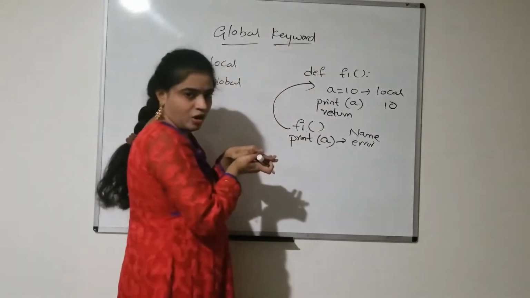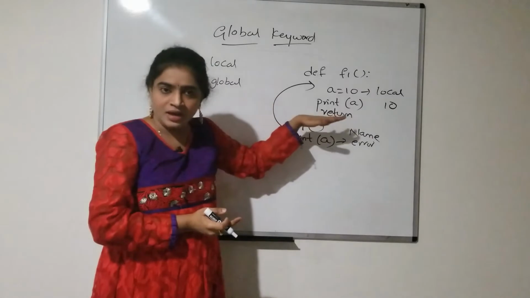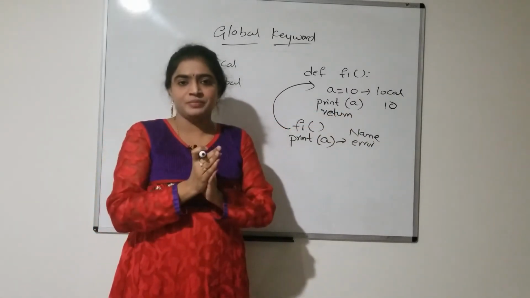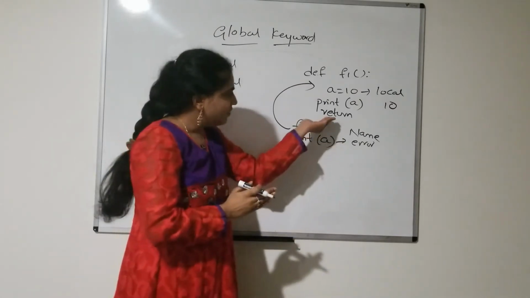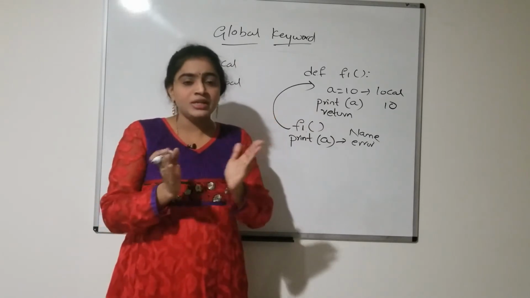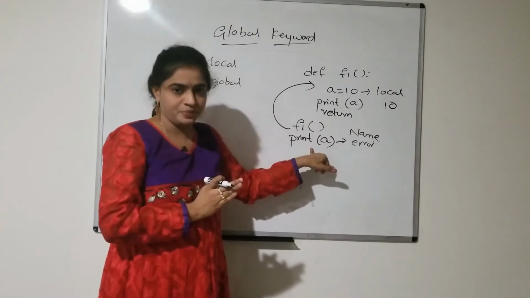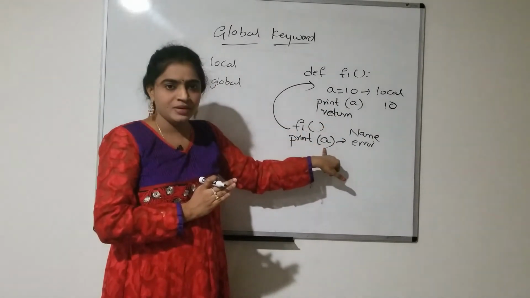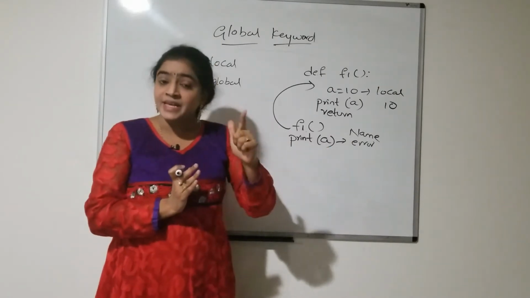Once a return statement is executed, it specifies the end of execution of the function. Once it comes out, the scope of that variable is not available, so that variable is not accessible outside this function. So I will get an error message because a is a local variable.